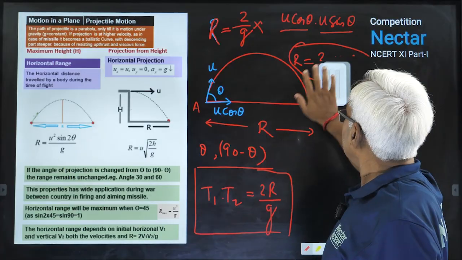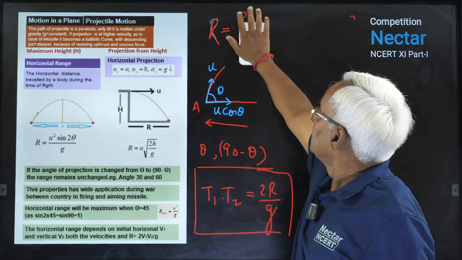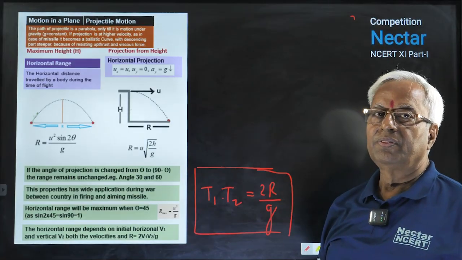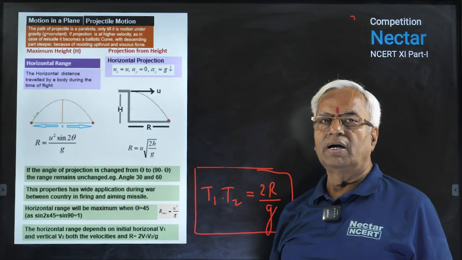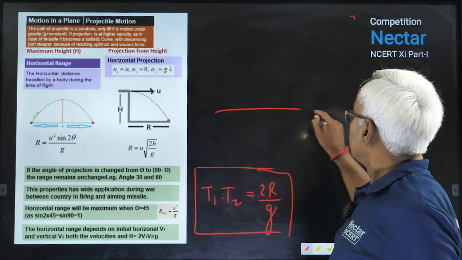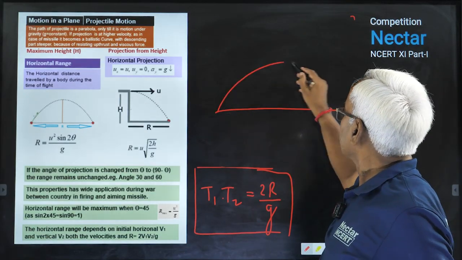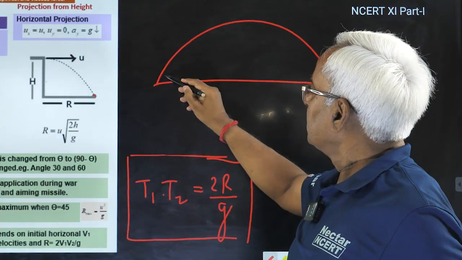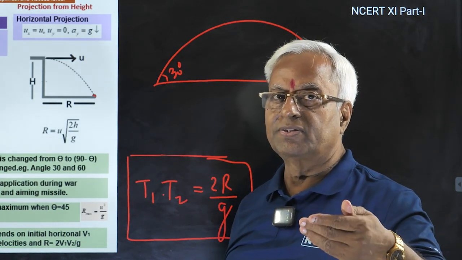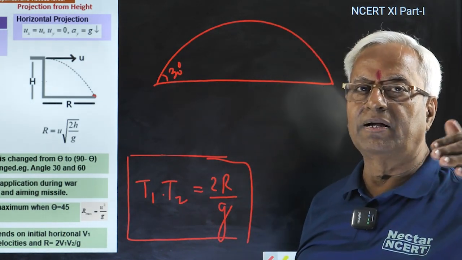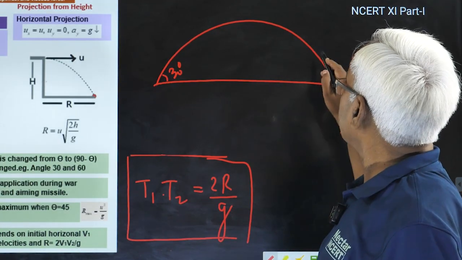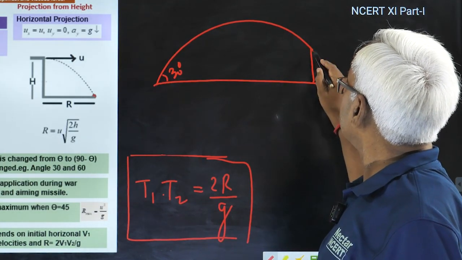Now, this condition that in order to get the same range you have to choose the angle either 30 degree or 60 degree. See, angle 30 degree was chosen for firing a missile by one country to aim at some place in the enemy country, and that country is here.